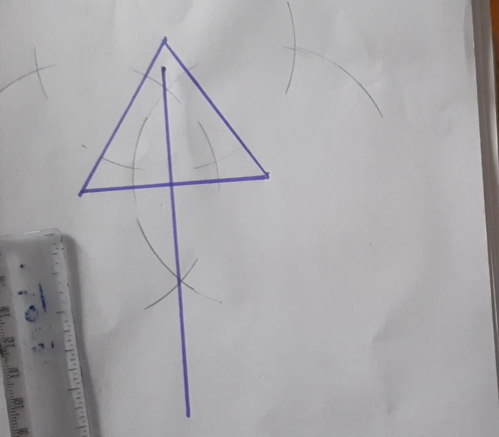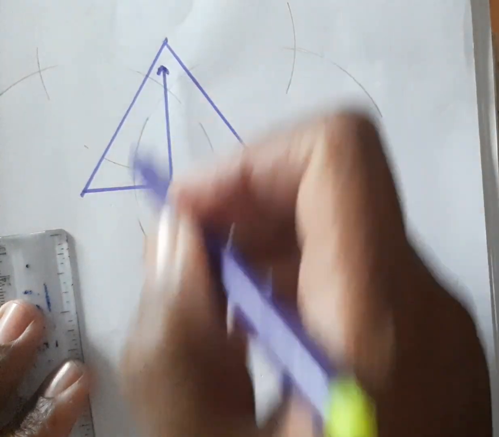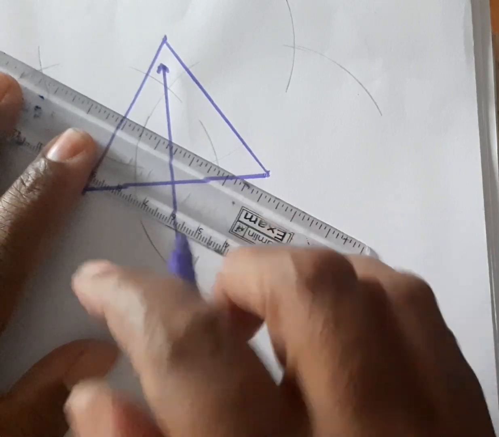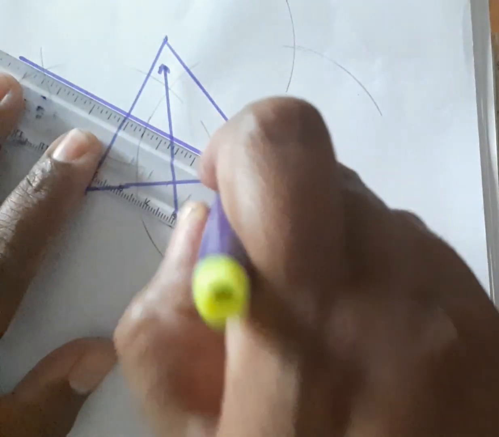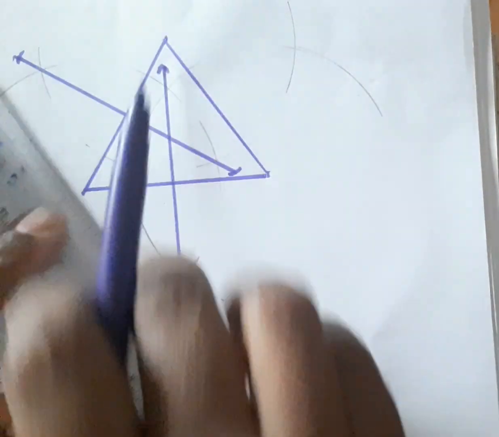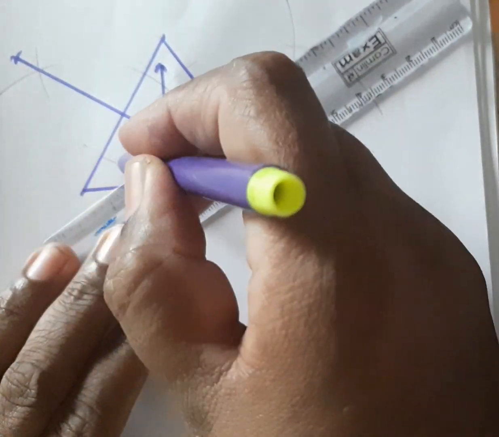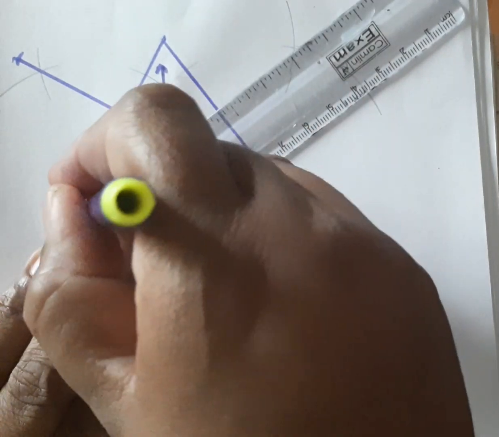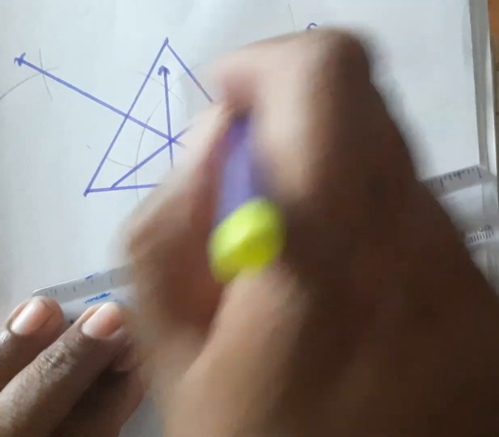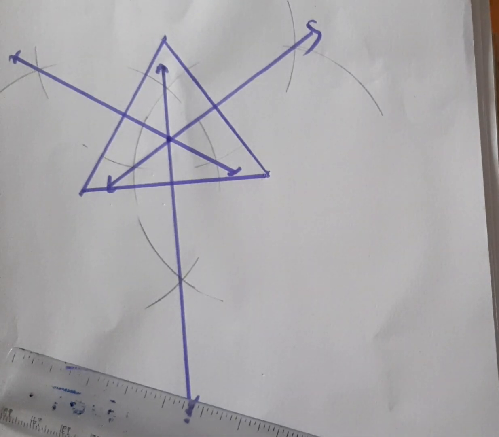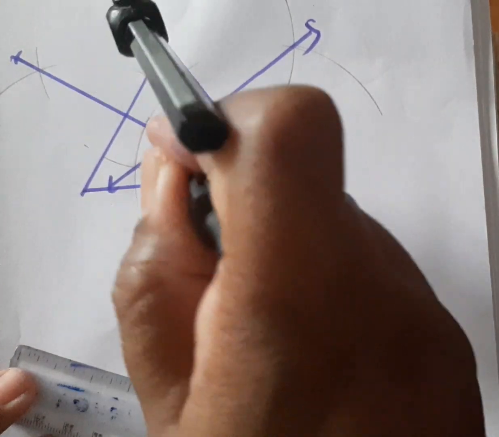See, okay, now first it is here, second here, and third here. Okay, now the point where these meet, we will draw the circle, but where?